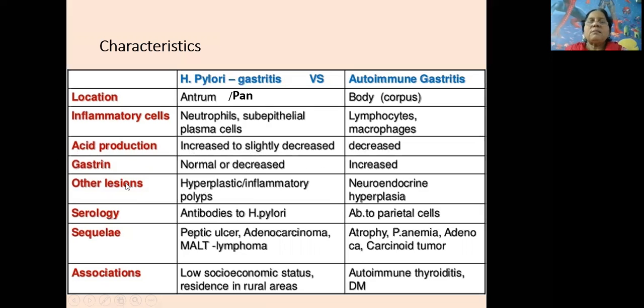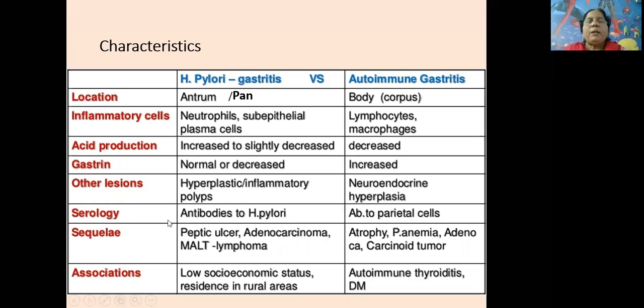Other lesions: it can form small protrusions called hyperplastic polyp or inflammatory polyp. Here the endocrine cells are increased. Okay. So what will happen? Neuroendocrine tumors can occur. Okay. Neuroendocrine hyperplasia.